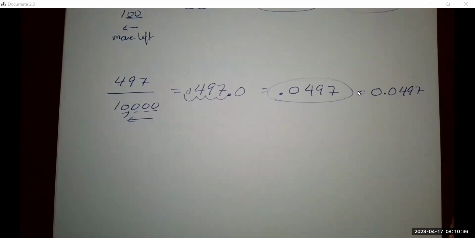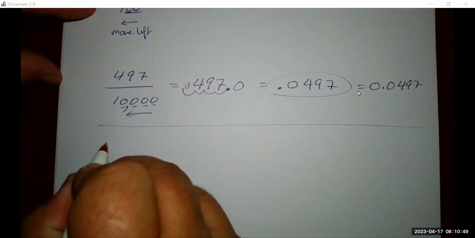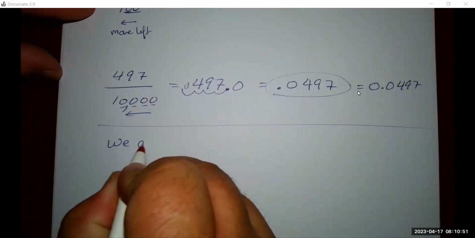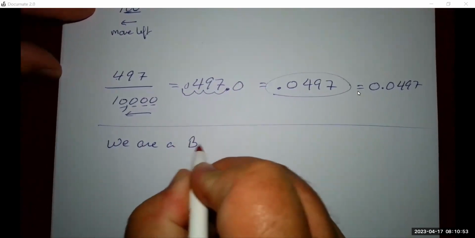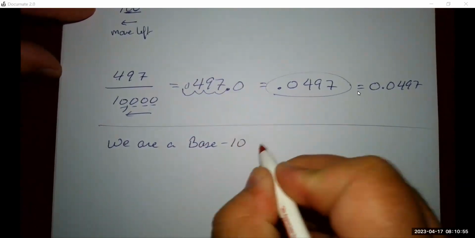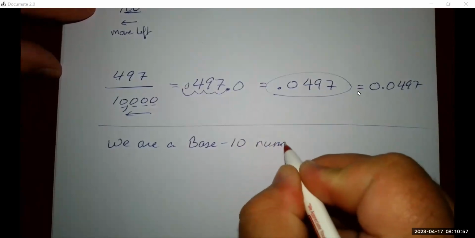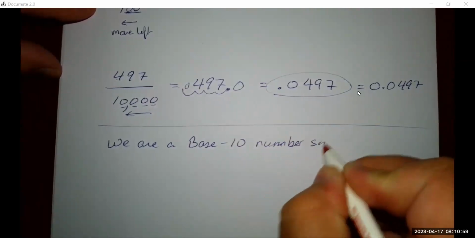So notice we are a base 10 number system.